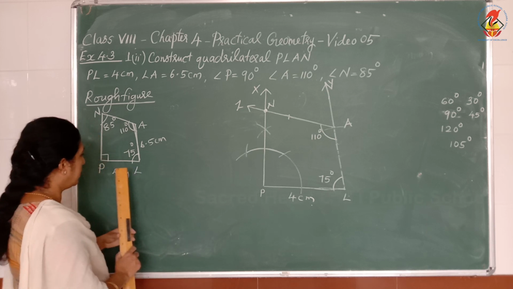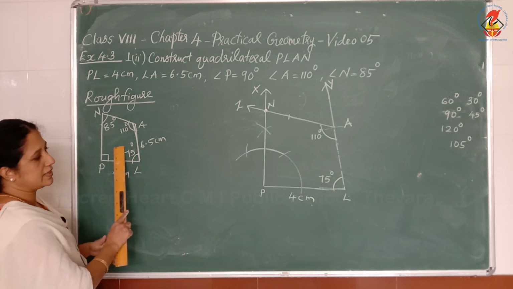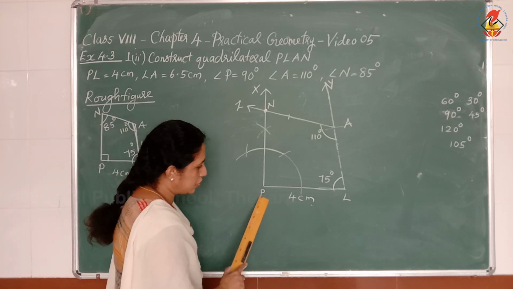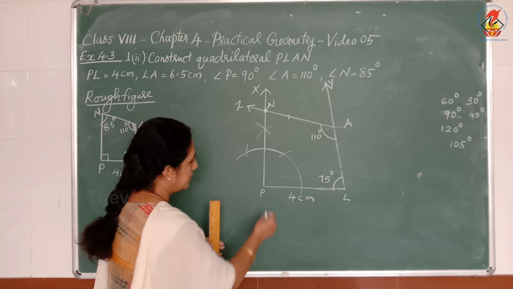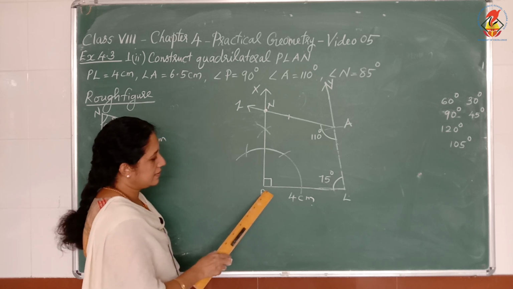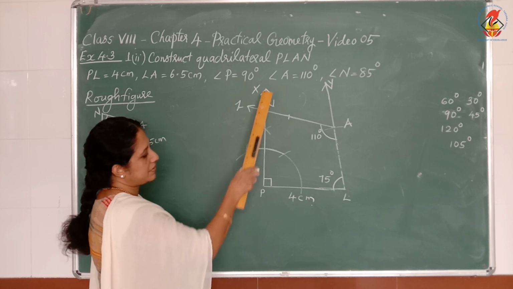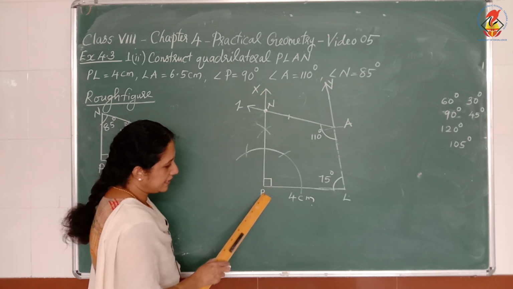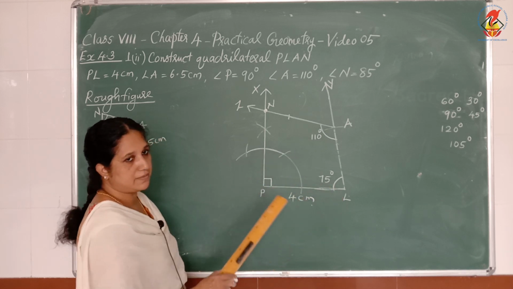So look at the rough figure, and using the rough figure we can do the construction. How we can write down the steps of construction? First step, draw a rough figure and mark the given measures. Then second step, draw a line segment PL of length 4 centimeter. Then third step, at P, draw ray PX, making an angle of 90 degree with the PL.